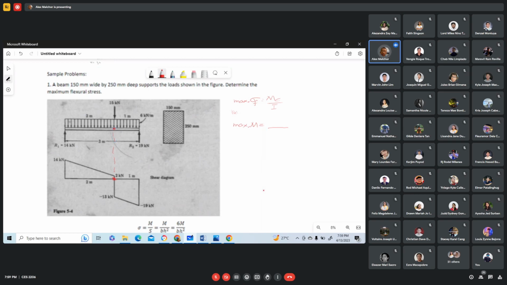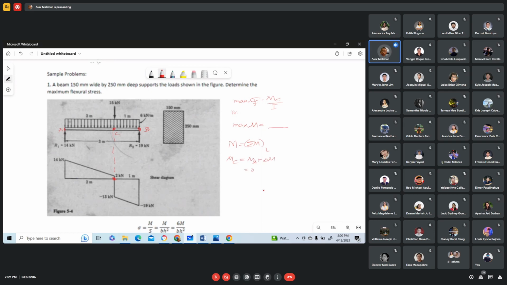So the moment at that section is equal to the summation of moments considering the left. If I call this section A, and that section there I call C, and that section there B, the moment at C is equal to the moment at A plus the change of the moment, no?